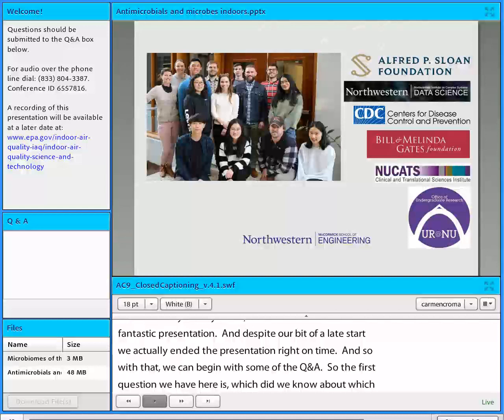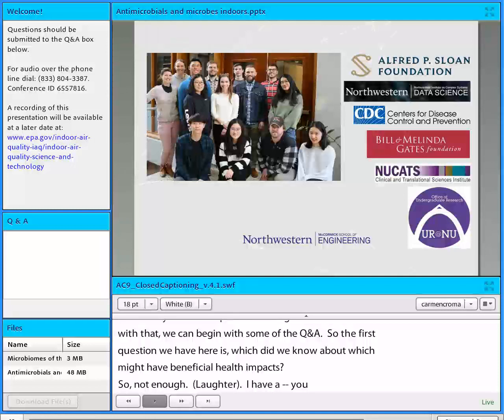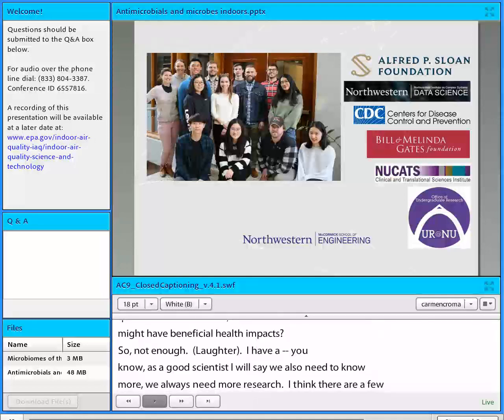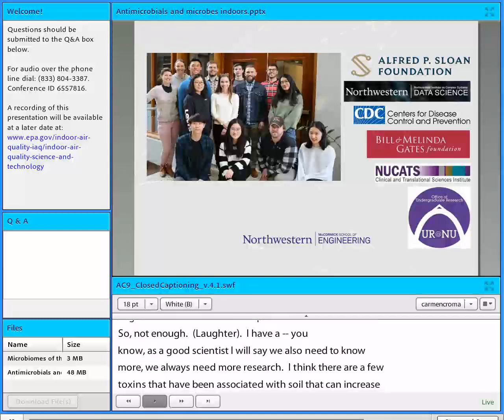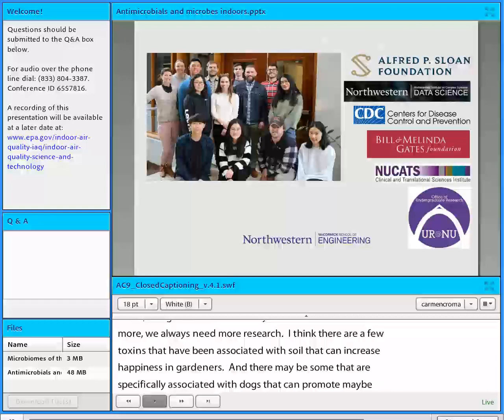So not enough. As a good scientist, I will say we always need to know more. We always need to do more research. I think there are a few taxa that have been identified that are associated with soil that can increase happiness in gardeners. And there may be some taxa that are specifically associated with dogs that can promote maybe some sort of specific positive health outcome.